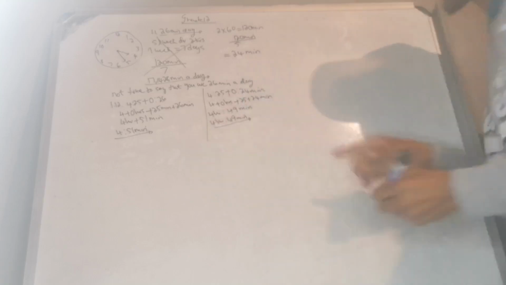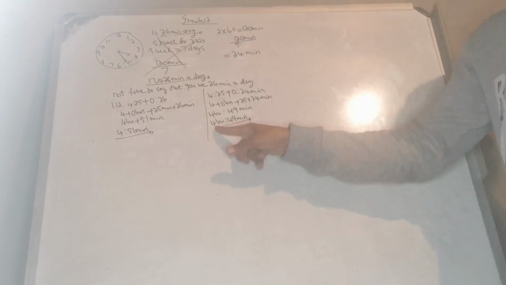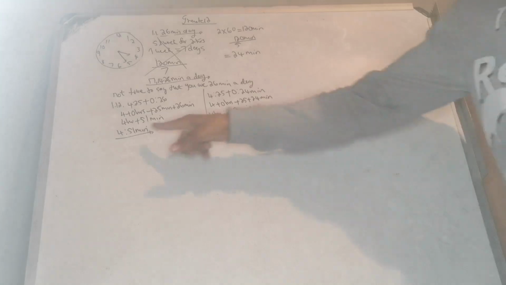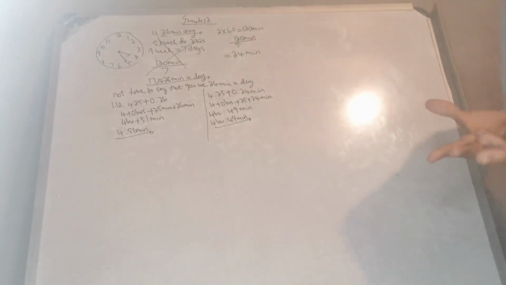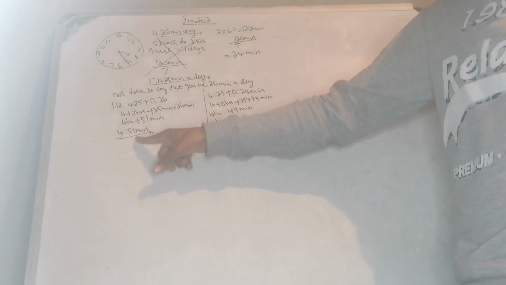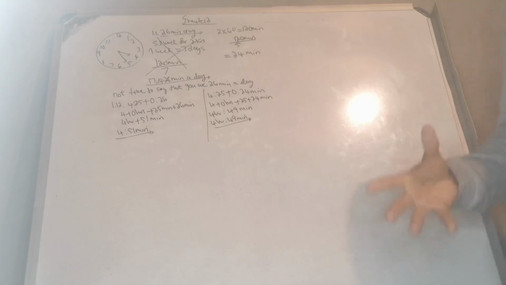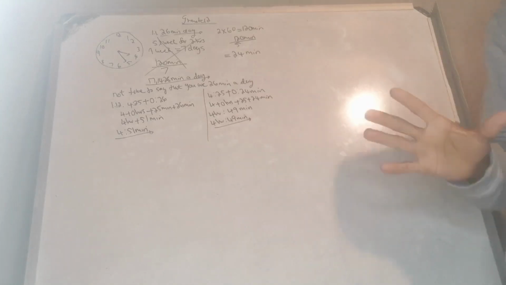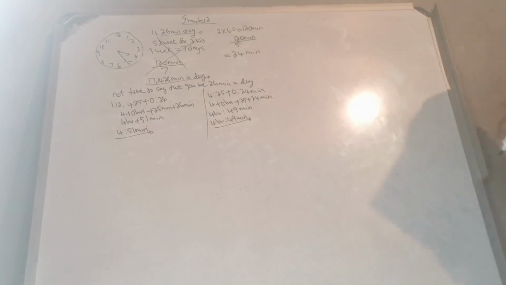The sprinkler will switch off at nearly 10 to 5. The time difference here is 2 minutes. Are we fine? All right.